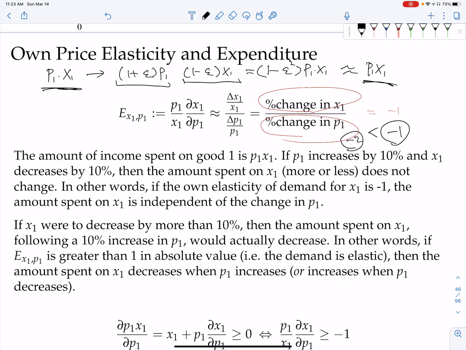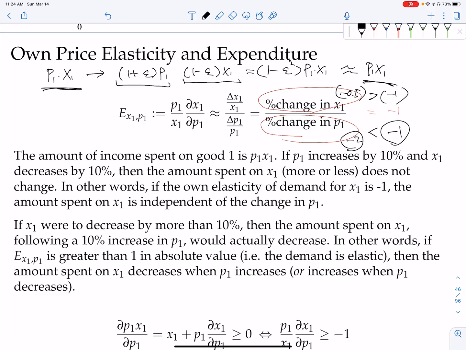So if the absolute value of the elasticity is larger than 1, expenditure goes down. But if the elasticity is larger than -1, in other words the magnitude is smaller than 1, the expenditure actually goes up.